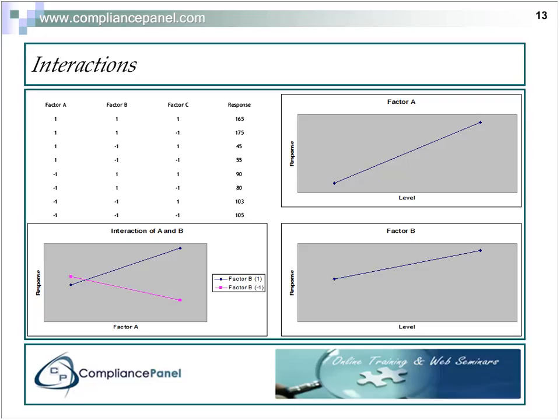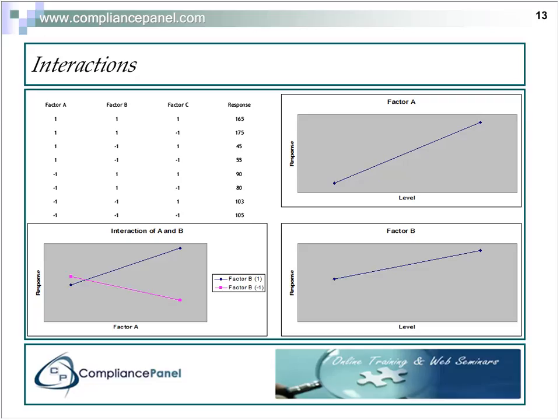But if I wanted to get a minimal response, I would have put A at its low level and B at its low level, which would have gotten me the top of the negative sloping one. It would have actually gotten me a very poor response.